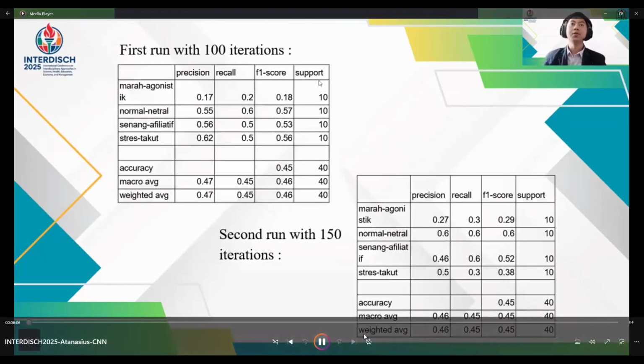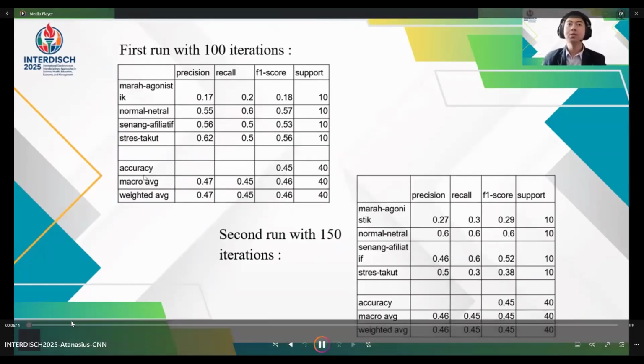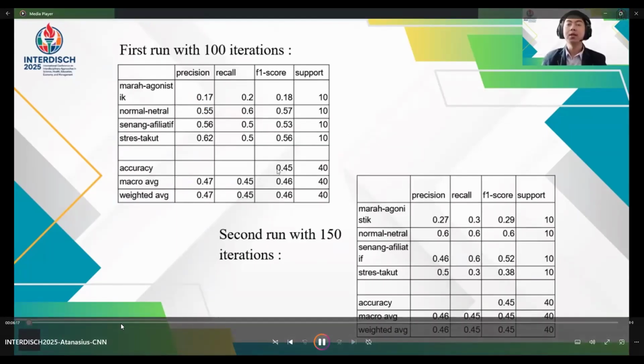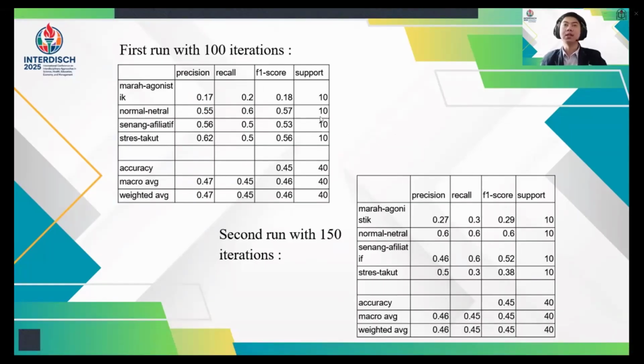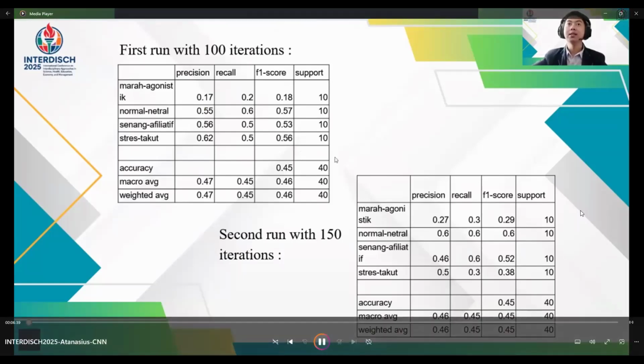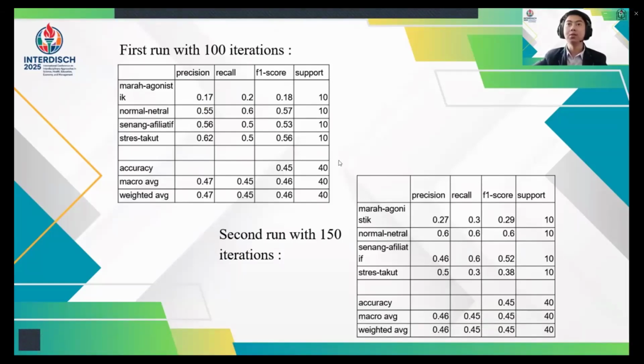For the result of the first iteration, unfortunately I only got pretty low results, which is 0.45 accuracy. The second run with 150 iterations also got 0.45 total accuracy. They don't differ at all in accuracy, only in F1 score, and that didn't get better either.